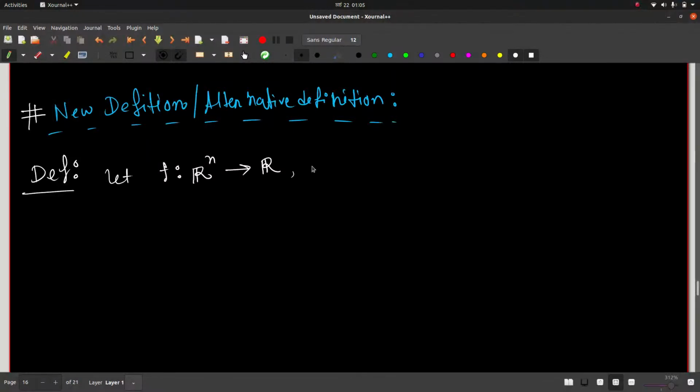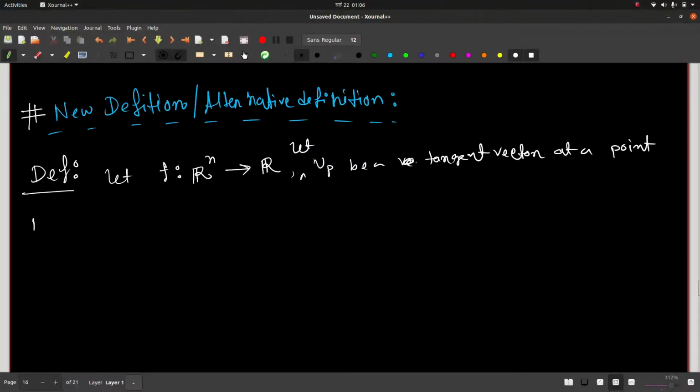Then if we have a vector Vp, let Vp be a tangent vector at a point P on that manifold M. That means Vp belongs to the tangent space of that manifold.